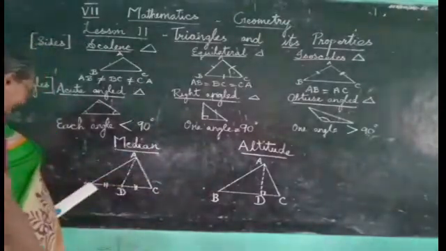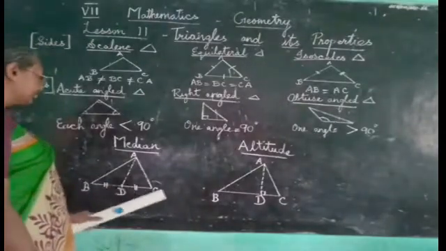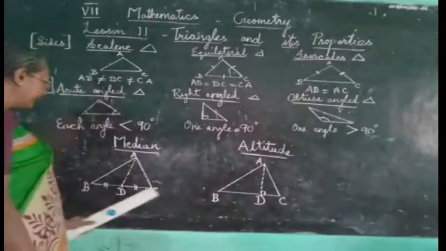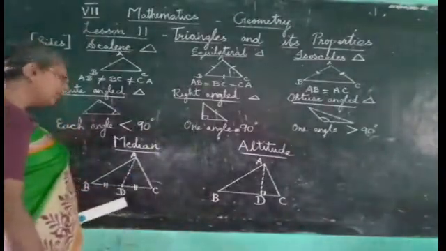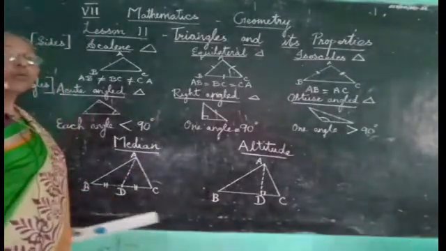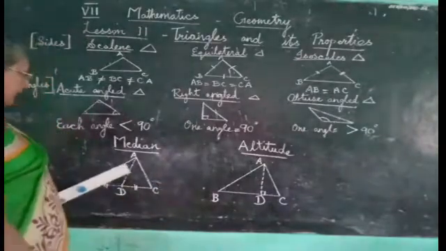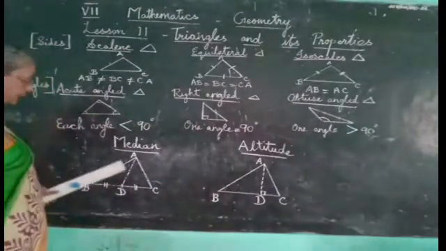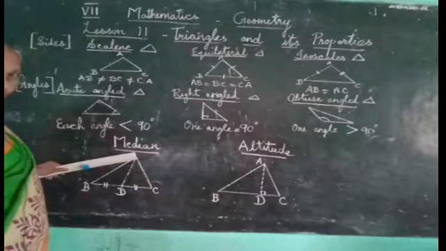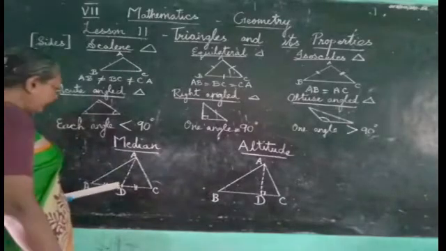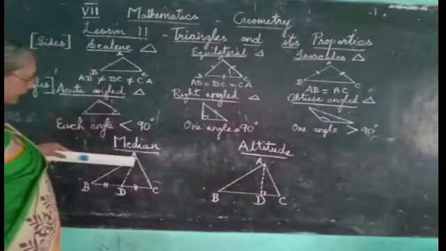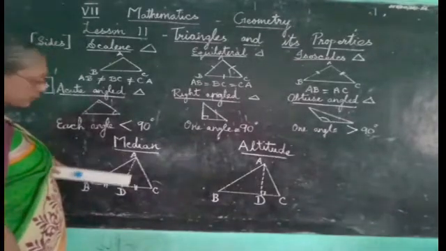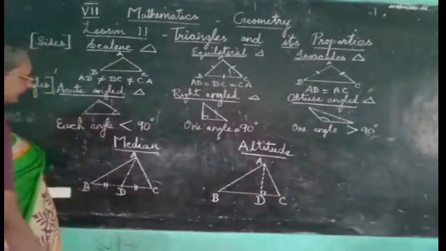That is, BD will be equal to DC. BD and DC will be of equal length. Then D is called the midpoint. Now, what is a median? The line which joins a vertex to the midpoint of its opposite side.